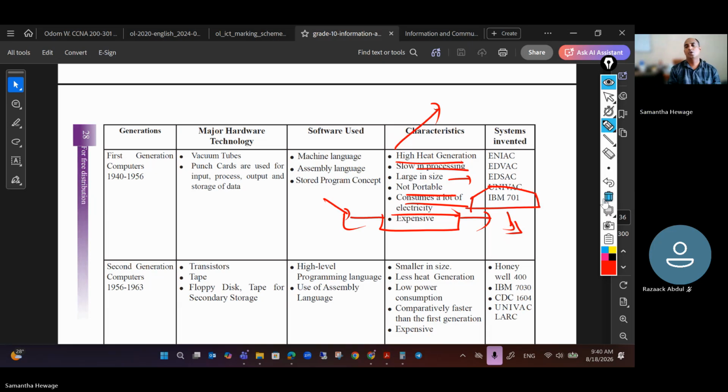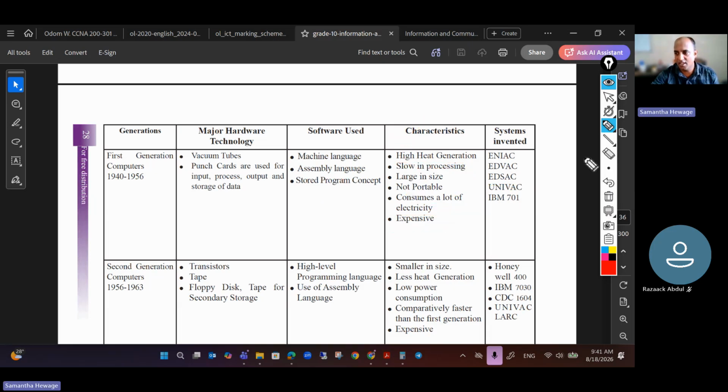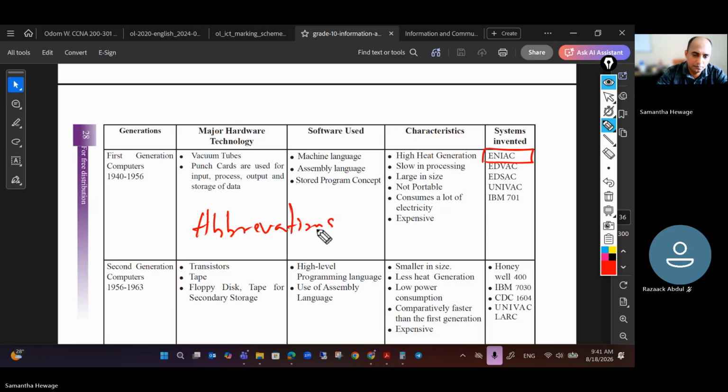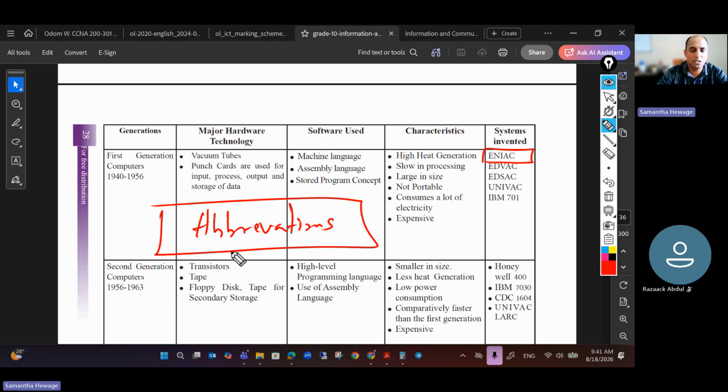All right, so what is this ENIAC? I think this is the very first electronic computer: Electronic Numerical Integrator and Computer. I think you should know this name. Sometimes they might ask for the abbreviation. What do you mean by abbreviation? Any idea? Abbreviation means using a short form for something.